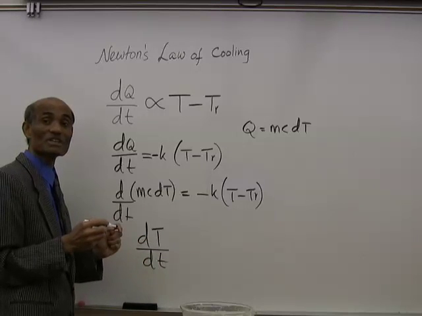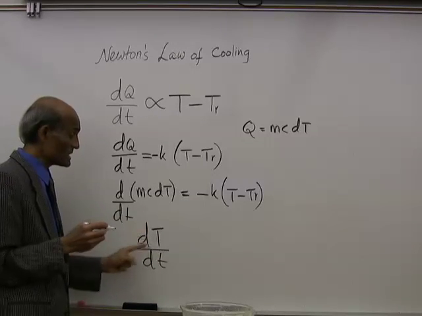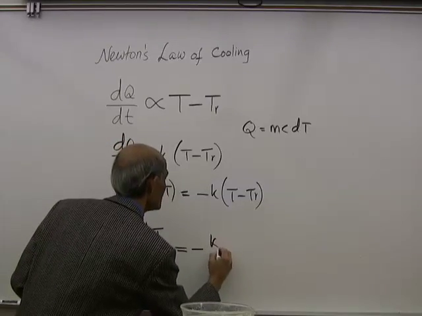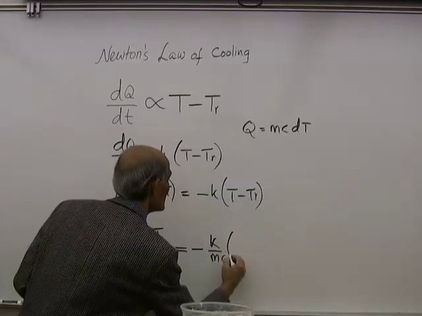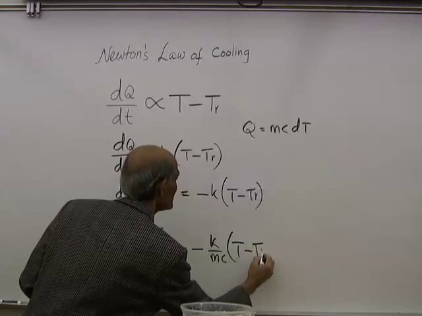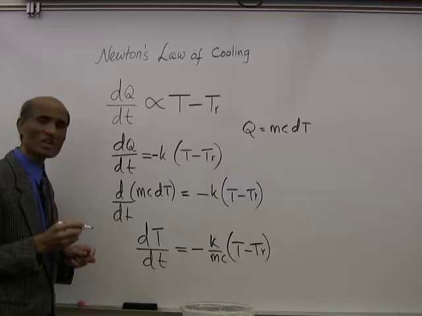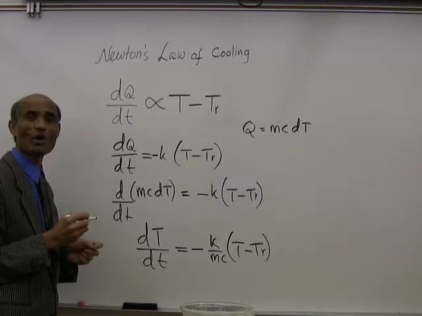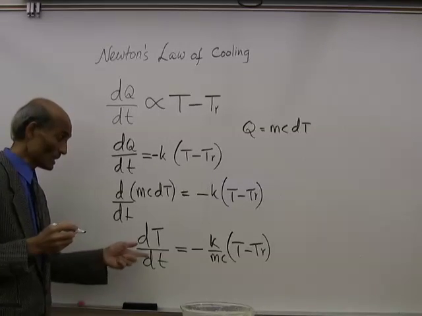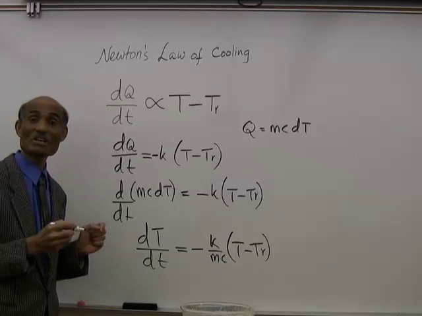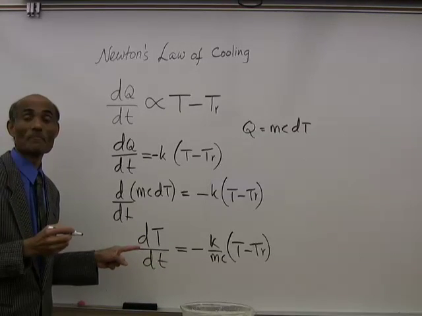The lowercase t is the time. So dT over dt is negative k over m c times (T minus T_R). And this is actually Newton's law of cooling. This is called a differential equation because the left-hand side is a derivative.